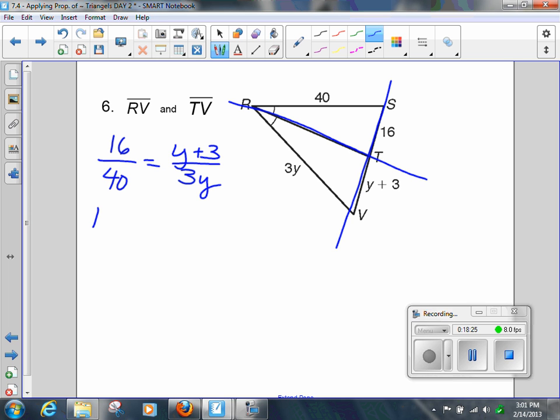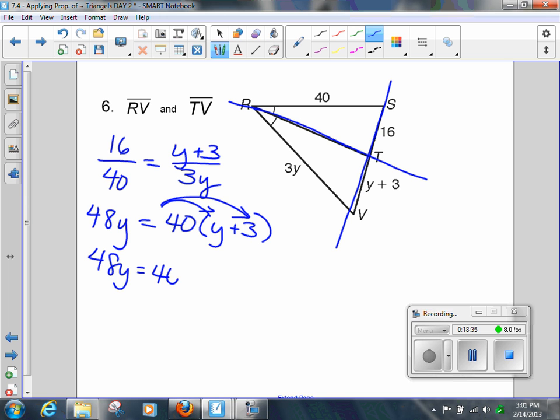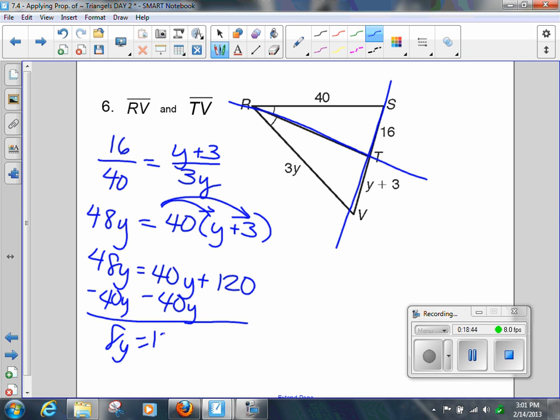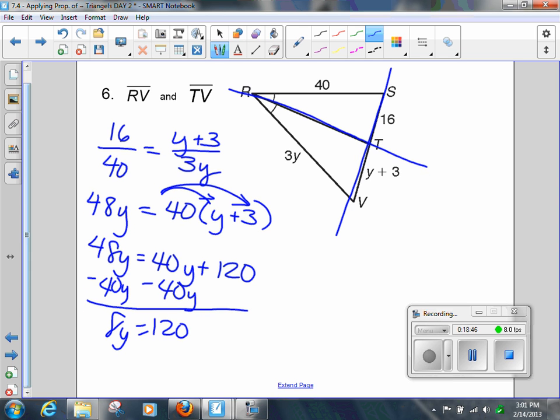So we got 16 times 3y is 48y. 40 times that quantity, y plus 3. And now we're going to distribute: 40y plus 120. Subtract 40y. You may not set it up this way, but folks, you ought to be seeing the same numbers.